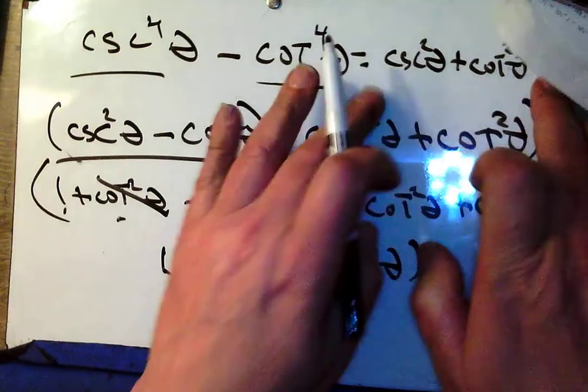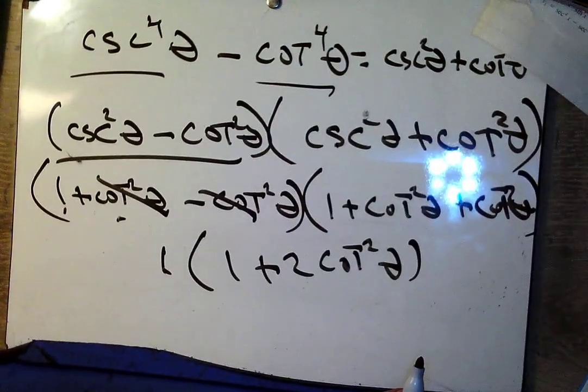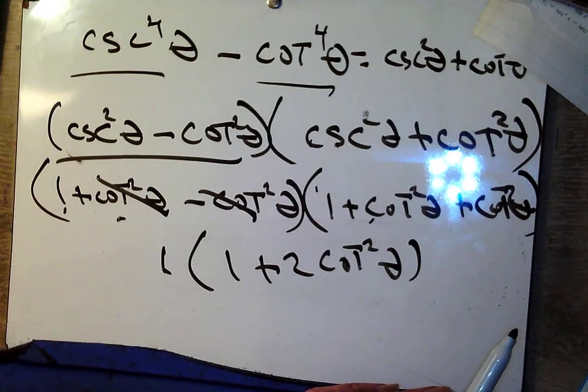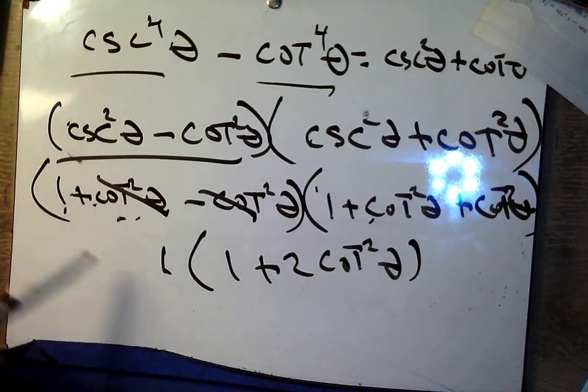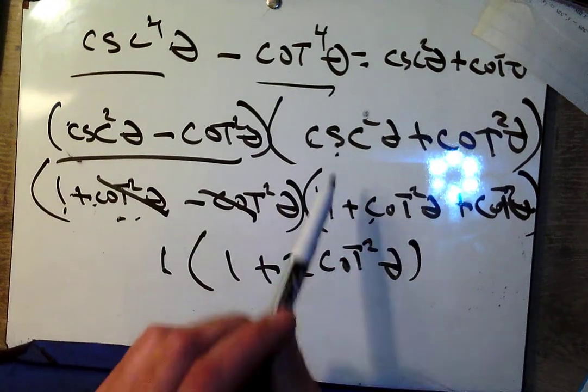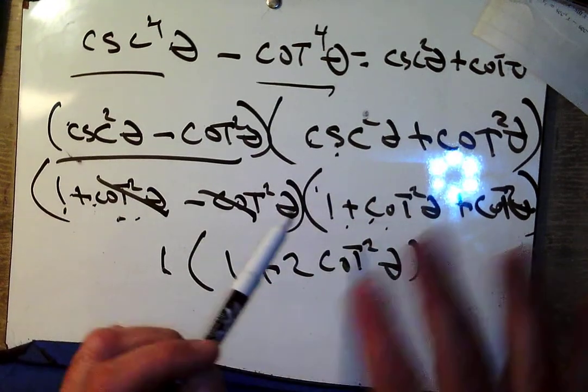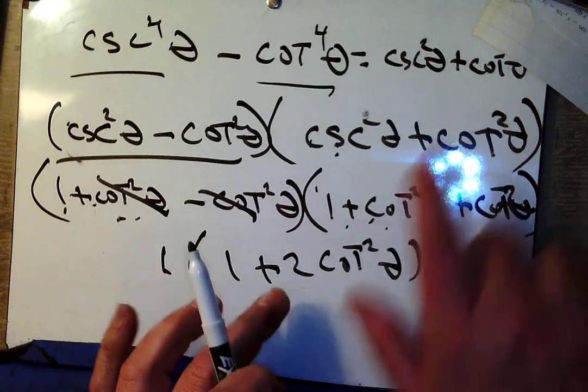How does this turn into? I'm not sure. 1 plus cotangent squared. Cosecant squared. But now I still have to get from here to here.